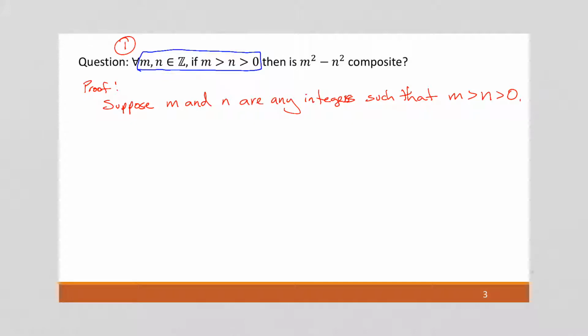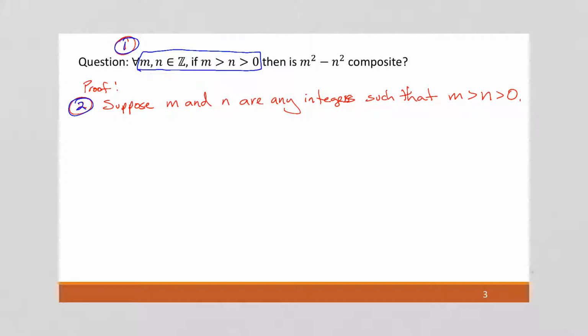So what I'm doing is I'm not putting any constraints on m and n other than those given by the problem. Okay, so that is step 2.